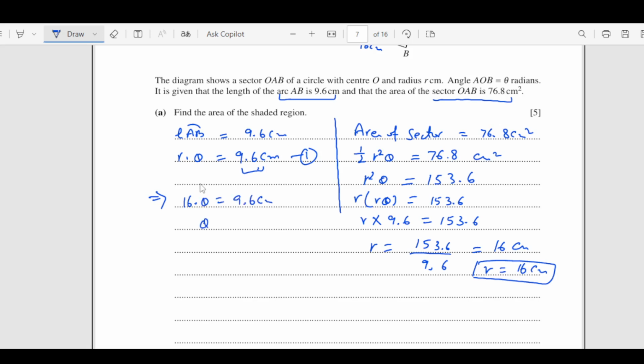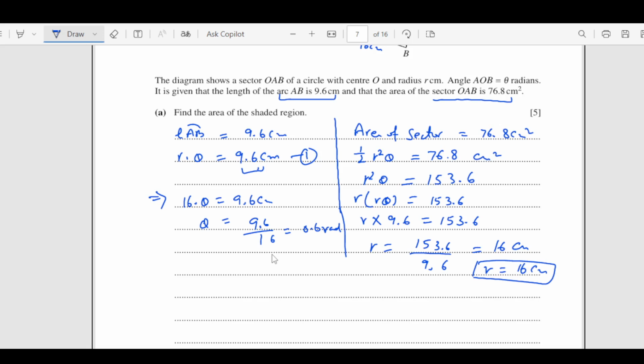So from here we can find out theta. So theta is 9.6 divided by 16. So this gives us 0.6 radian. Remember that angle is in radian, so theta is 0.6 radian.